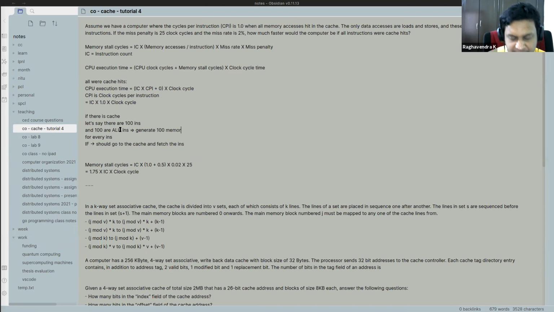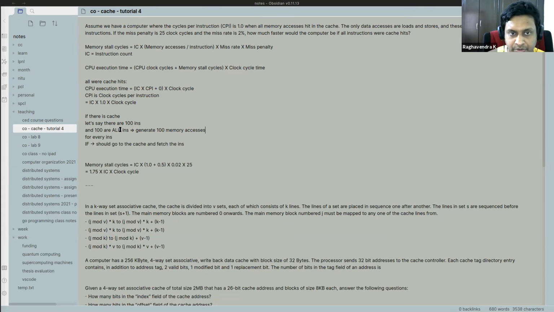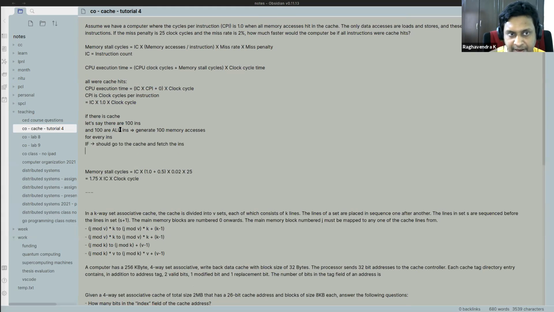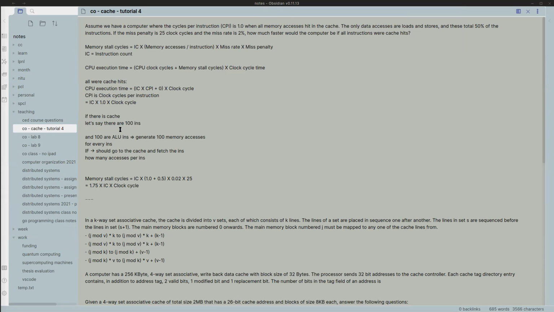Please, others also try to attempt to answer. Okay. So if I follow this logic, if I have 100 ALU instructions, how many accesses per instruction?